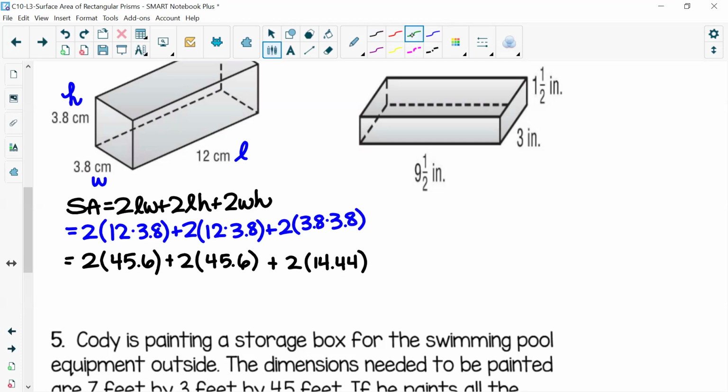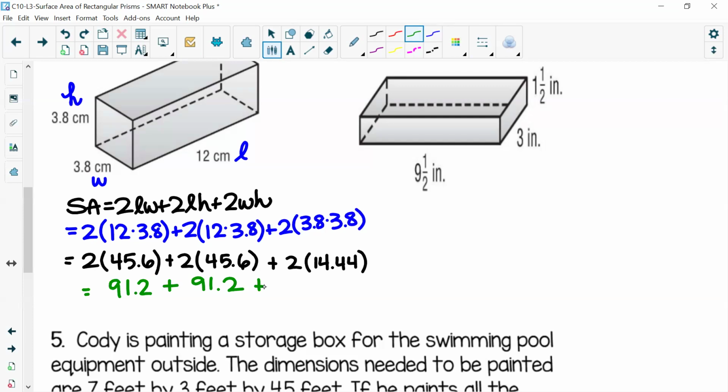So now we are going to get 45.6 times 2. We're going to double that, and we will get 91 and 2/10. We're going to be doing the same thing here, 91 and 2/10.